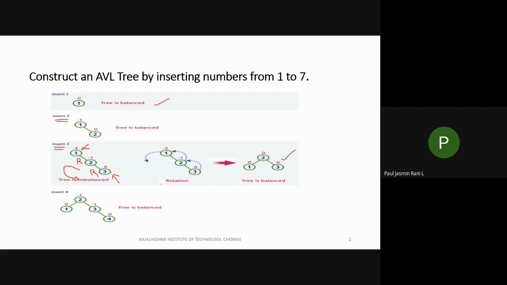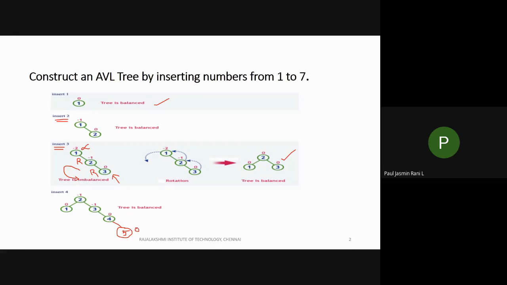Okay, next I'm going to insert the element 5. Where will I insert it? If 4 is over, the next element to be inserted is 5, and it should be inserted at the right side of this 4 node. If I insert this 5, I have to calculate the balance factor, isn't it? For this particular leaf node 5, it is 0.